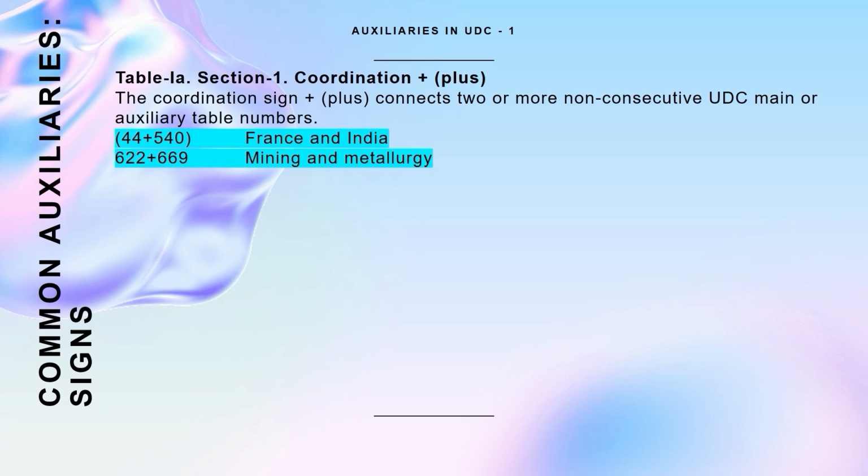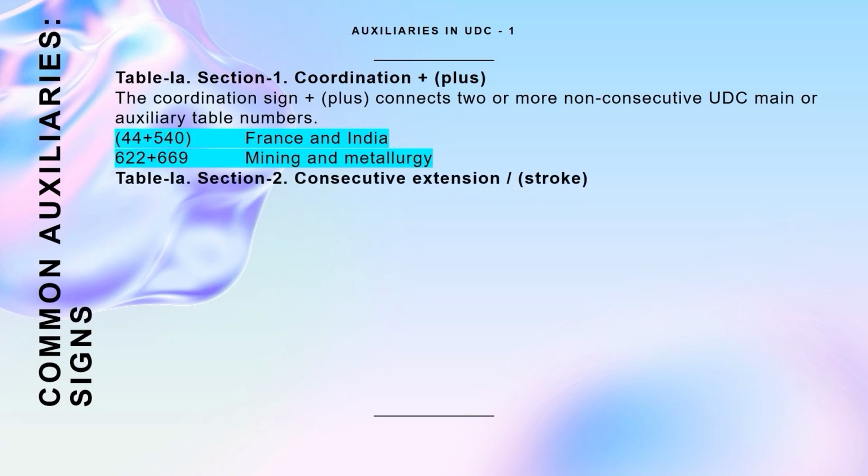See the example: within parenthesis, this is the common auxiliary of place. So 44 is for France, 540 for India. So India and France is basically within parenthesis 44 plus 540, and 622 for mining, 669 for metallurgy. So if the subject of a book is mining and metallurgy, the class number will be 622 plus 669.